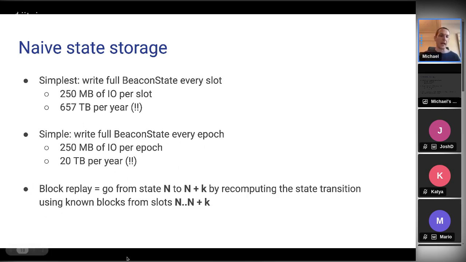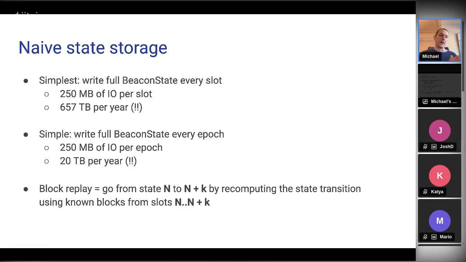This block replay doesn't use any memory, it doesn't use any disk space, because you already have those blocks stored. But it does use some processing time to reapply those blocks. So there's a trade-off there between how much you store on disk. Do you store 657 terabytes, or do you just store the blocks and then try and replay the blocks?